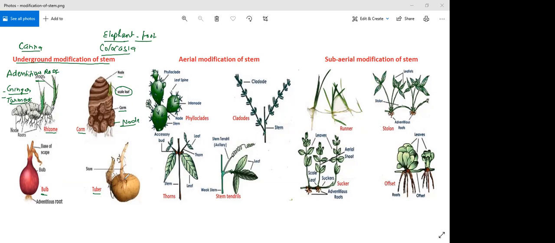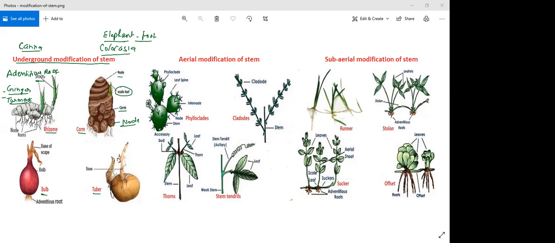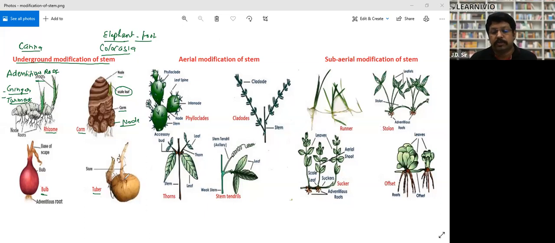It is an oval or spherical, underground, swollen stem. Full stop. It does not bear root. Full stop. Example, potato.